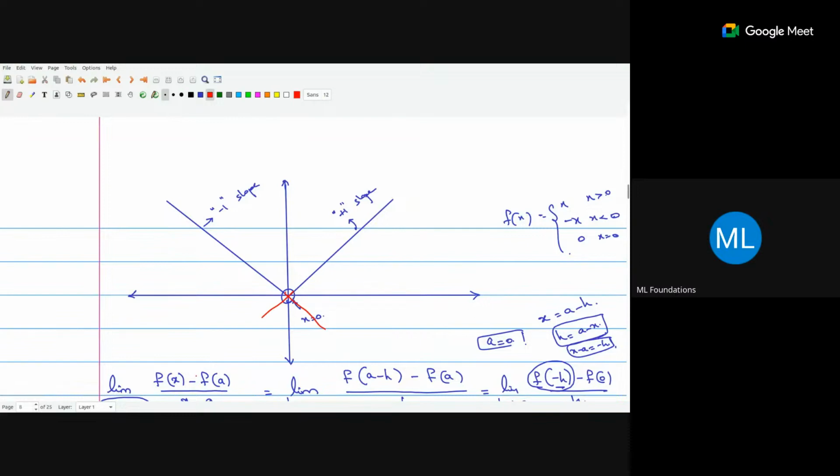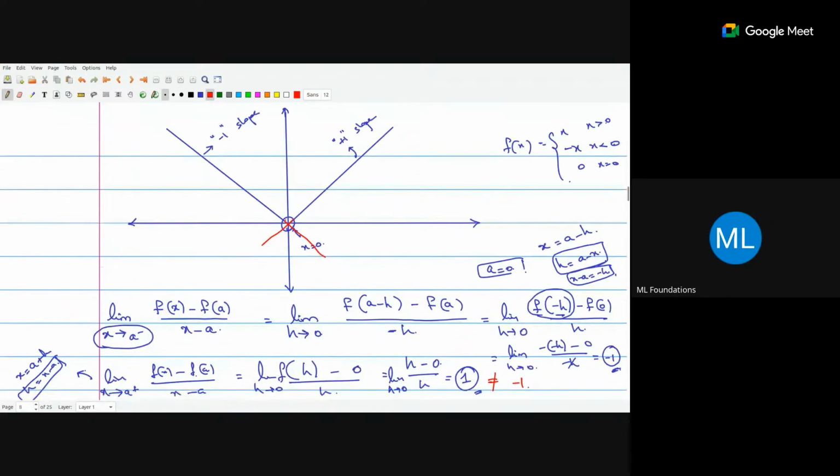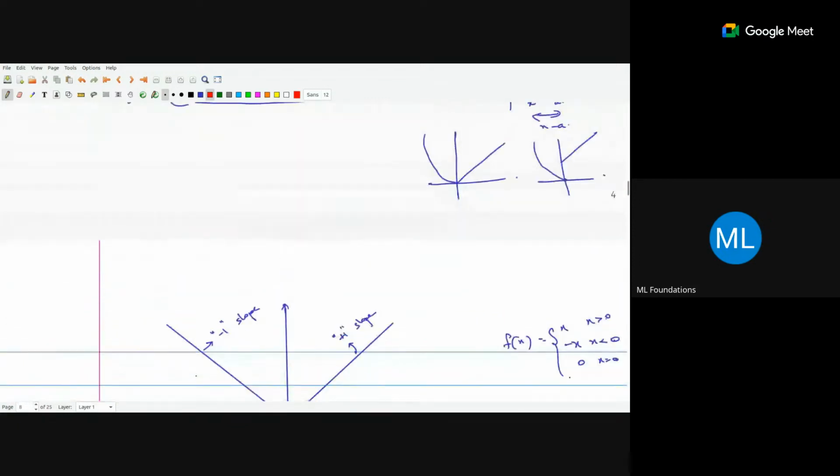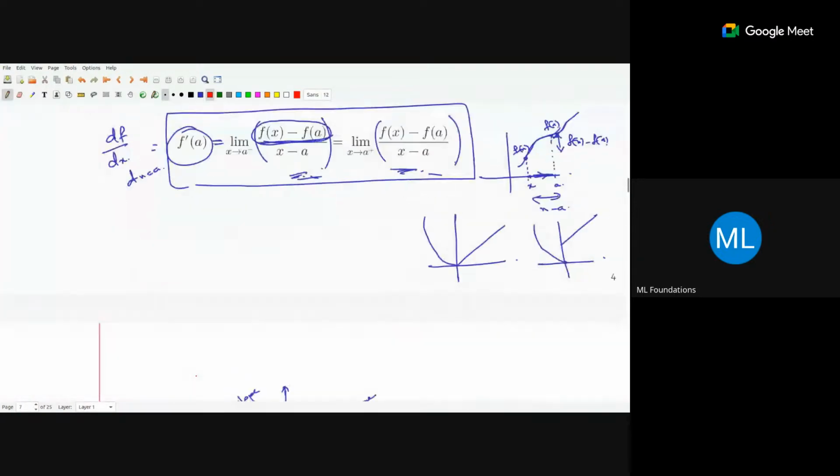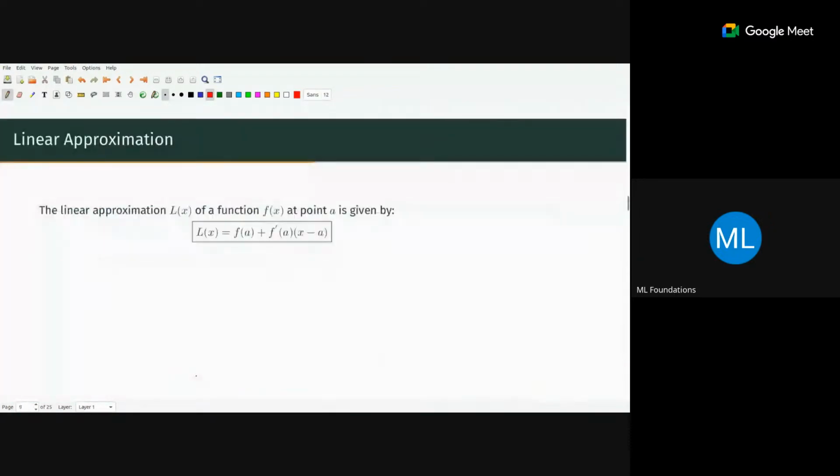There is no unique tangent you can draw. So in this case, you will get two tangents. So that is differentiability. Understand differentiability in a more theoretical manner rather than just by applying formulas. So that is differentiability, that is continuity.